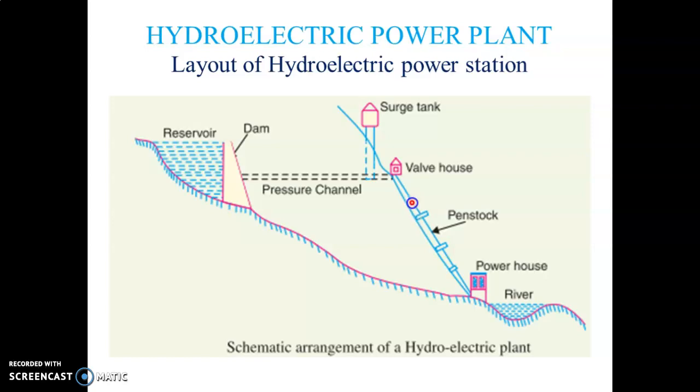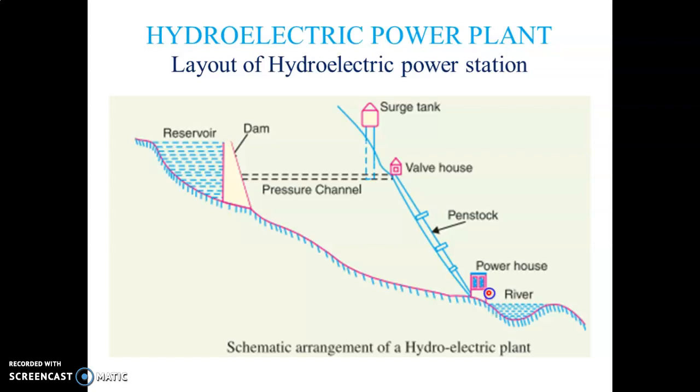This water is applied to the turbine in the powerhouse. At the turbine, the kinetic energy of water gets converted into mechanical energy, and the alternator is also connected with the turbine, so that the alternator gets mechanical energy from the turbine and produces the electricity. The remaining water is released to the river through the tail race.